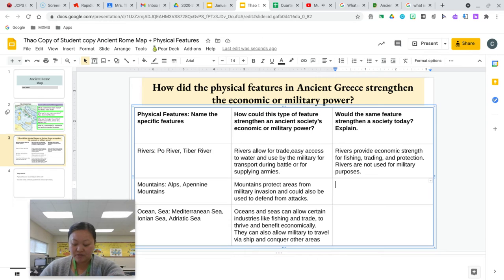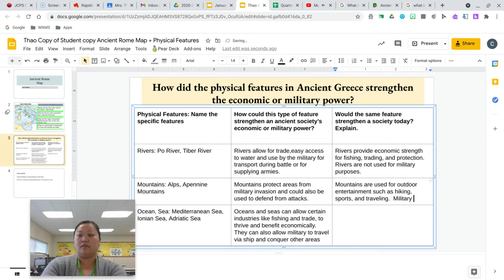So what do we use mountains for? Let's see. Mountains are used for, I would say, outdoor entertainment, such as hiking, sports, and traveling.